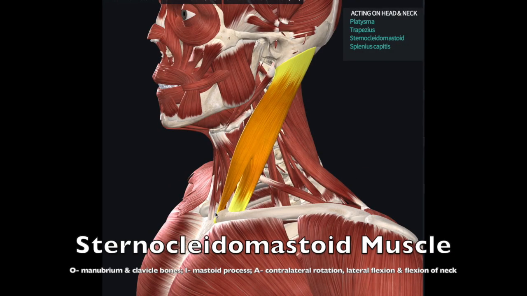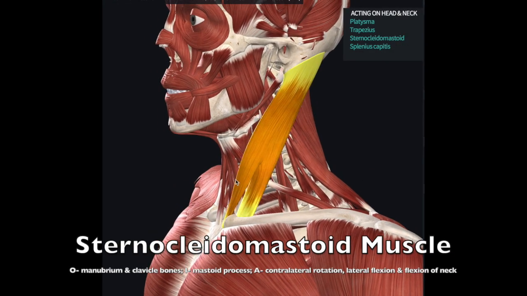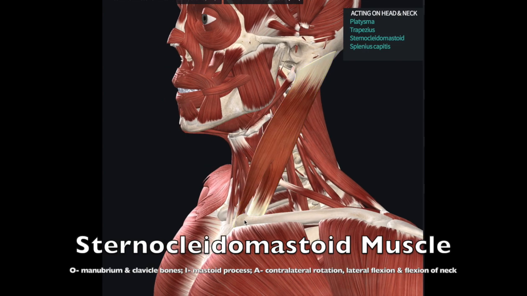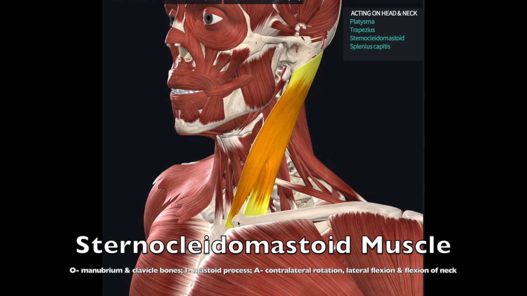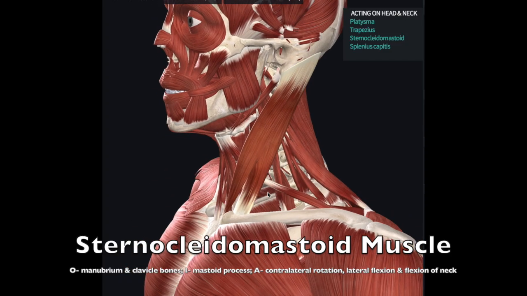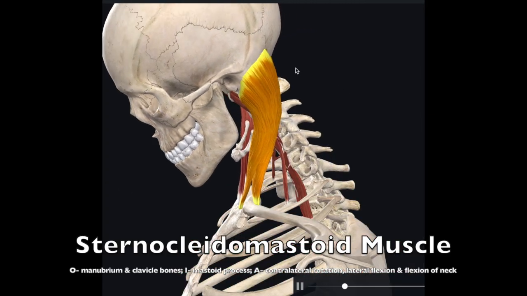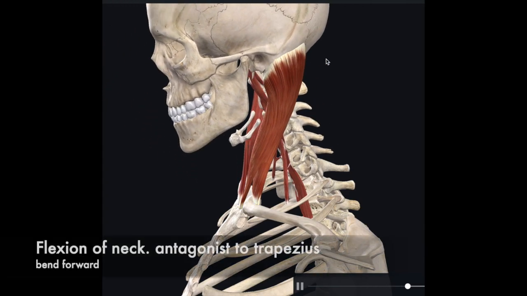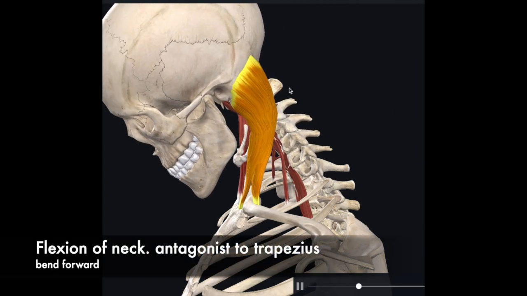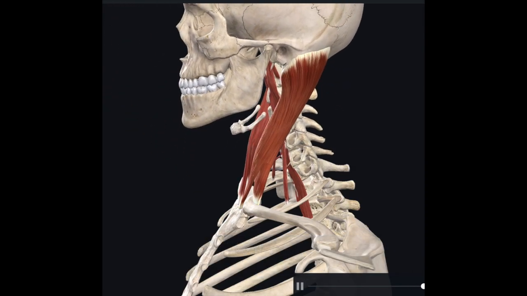Our sternocleidomastoid. Now this muscle has two origins. Its first origin here is on the sternum, the manubrium portion of the sternum, and its second origin is along the sternal end of the clavicle. Its insertion is on the mastoid process on the occipital bone. Its first action is in a flexion of the neck, so it's going to go against the action of the trapezius, so it causes neck flexion.